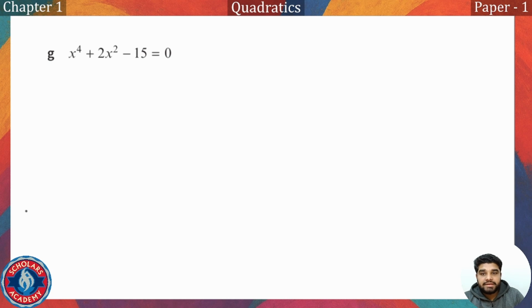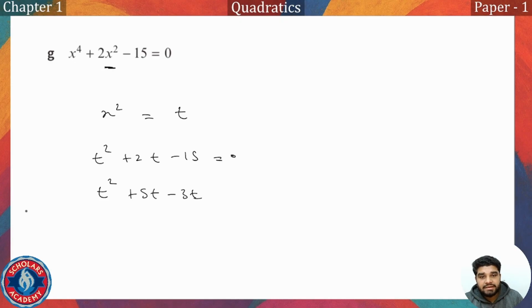We get x raised to power 4. So middle term x square, so we'll take x square as t. Substituting it, we get t raised to power 2 plus 2t minus 15 is equal to 0. Right? So product is negative 15, sum is 2. So we can write it as t square plus 5t minus 3t minus 15 is equal to 0.